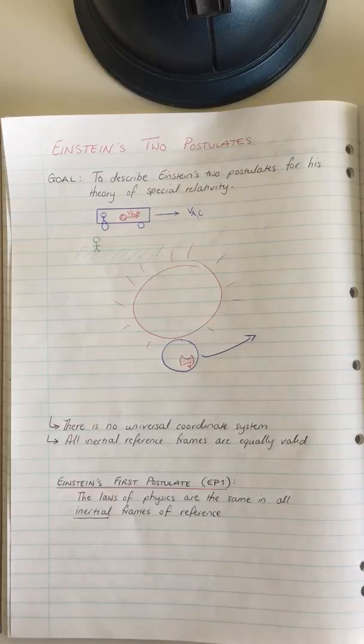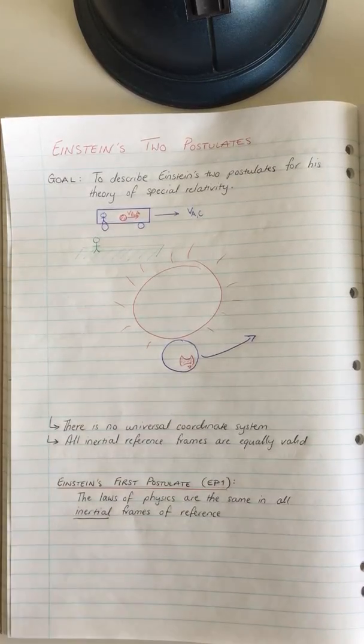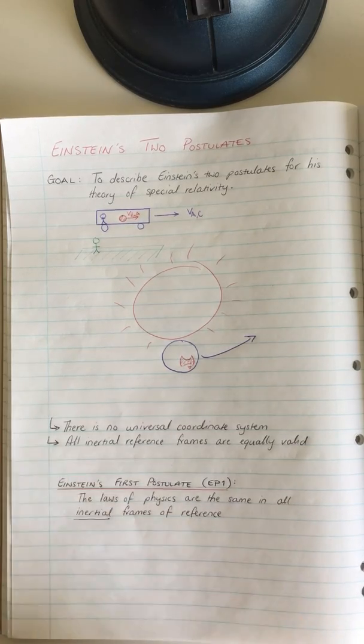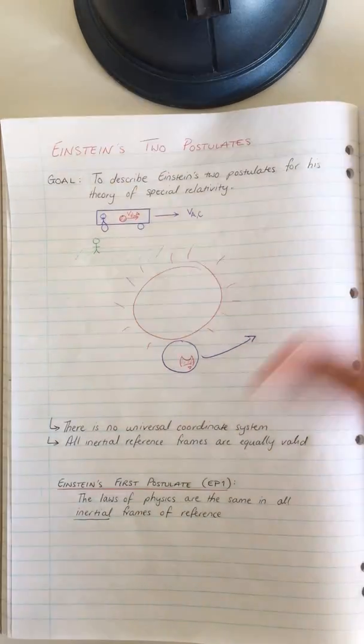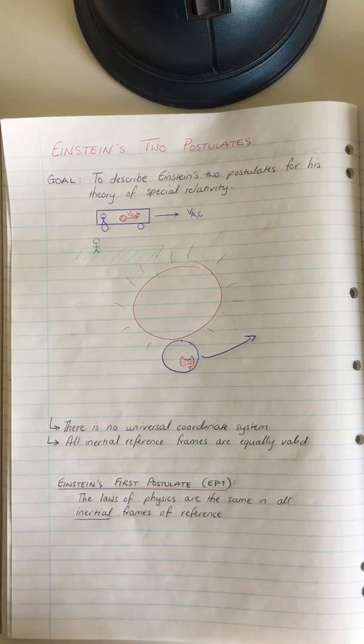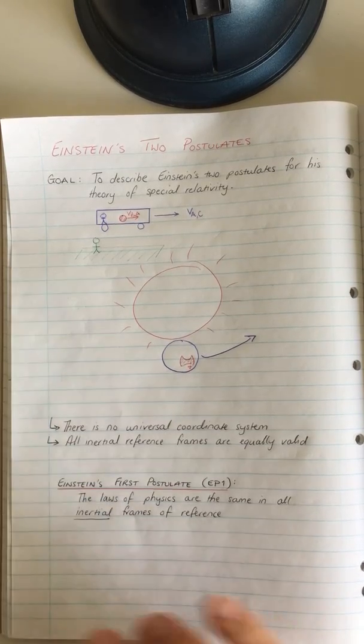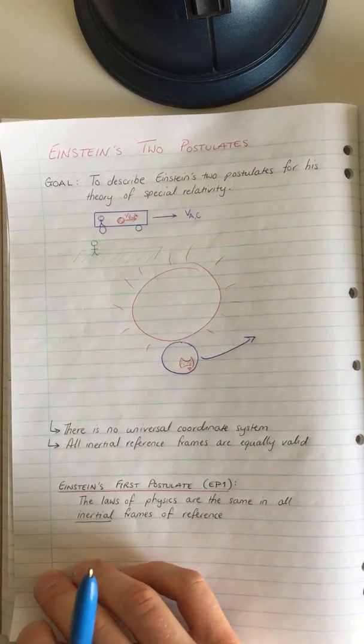We can say that measurements in a non-inertial frame of reference are in some senses different and perhaps not as correct as measurements in an inertial frame of reference. But at this stage we're only considering inertial frames of reference, and in that case they're all as good as each other.